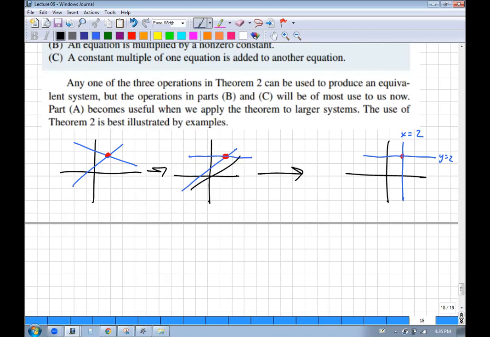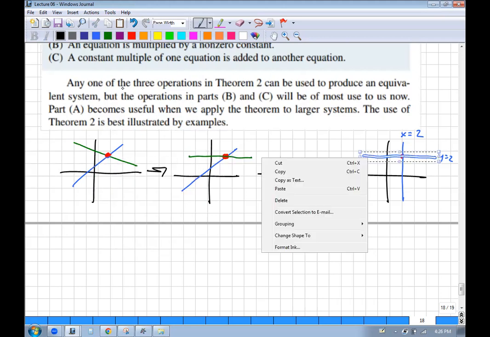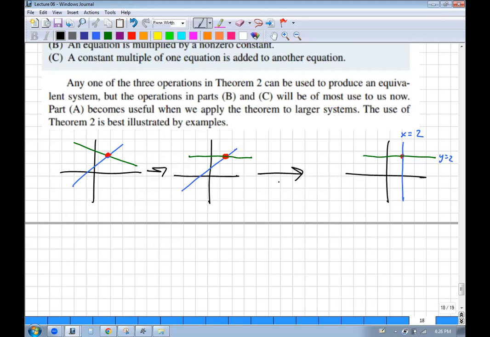And then when we take this equation and we replace it, right, we'll replace it with this line. Here, let me, I guess, color code these. I'm going to make this one green. It's still green. Okay. So we replace this line with this one, and then we replace this line with that one.